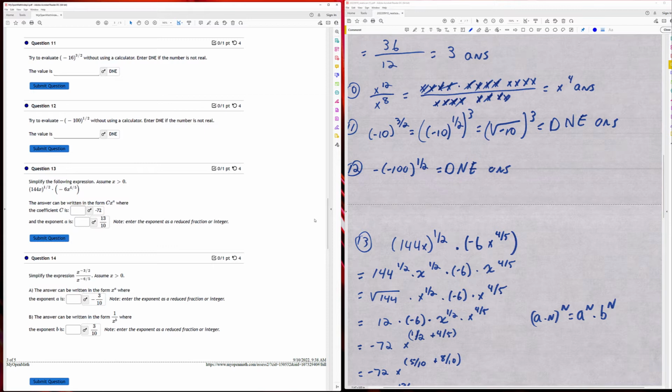Here we have, in mine, negative 10 raised to the 3/2 power, which is the same thing as negative 10 raised to the, I'll break up this product here. So I have negative 10 raised to the 1/2 power, raised to the 3rd power. I cannot take the square root of a negative number. So the solution does not exist.